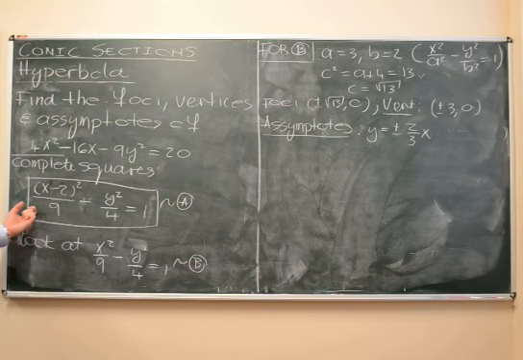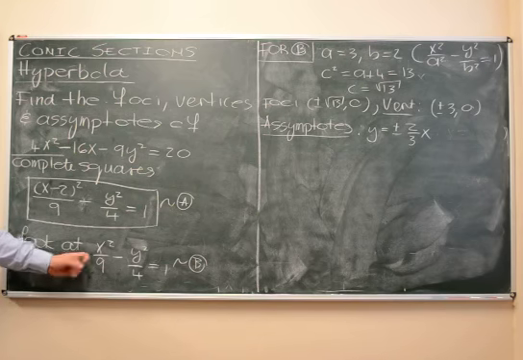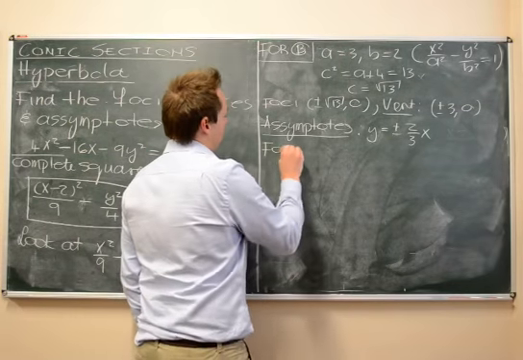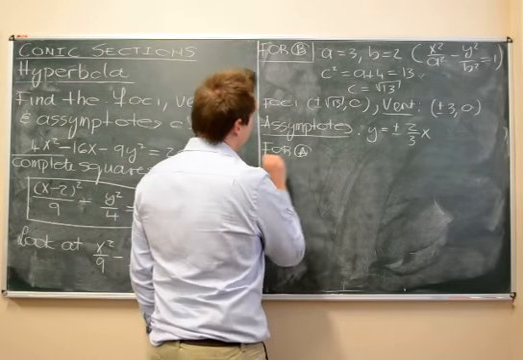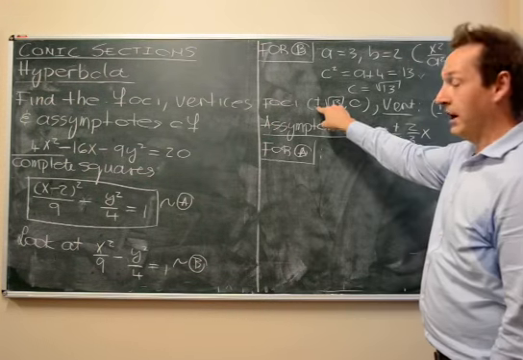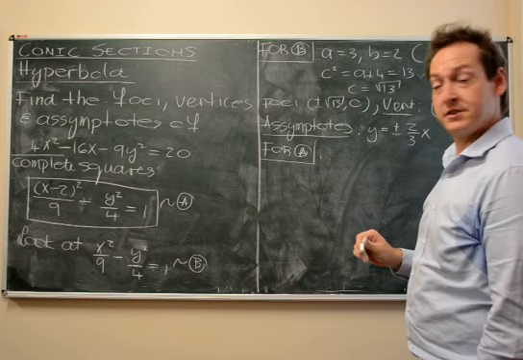Okay. So now to get the features for A, we're just going to shift everything 2 units in the positive x direction, because that's the only difference between the two. This one is just that one shifted 2 units in the positive x direction. So for A, what do we have? Well, our foci, we're just going to shift 2 units in the positive x direction.